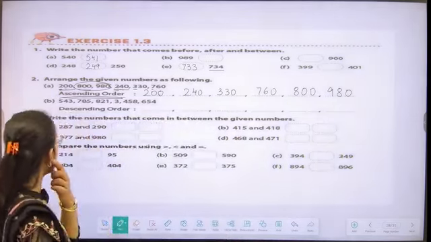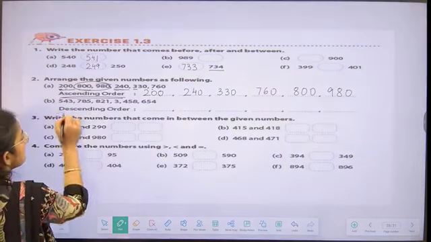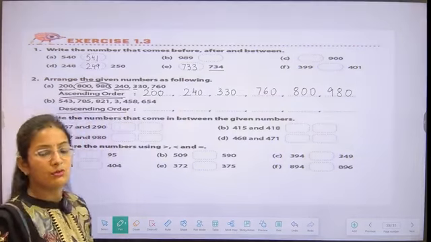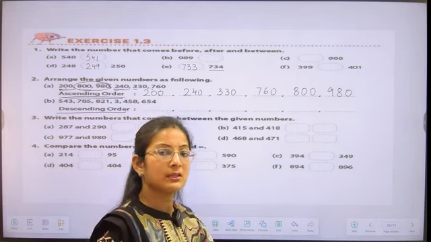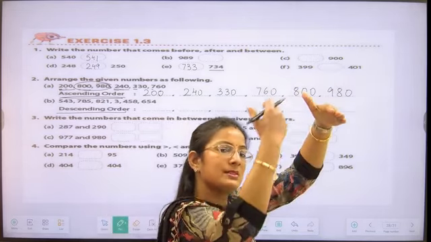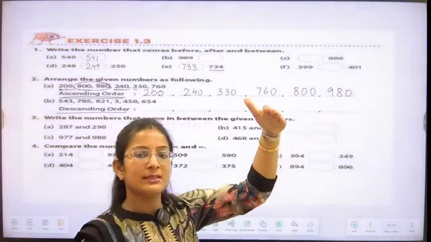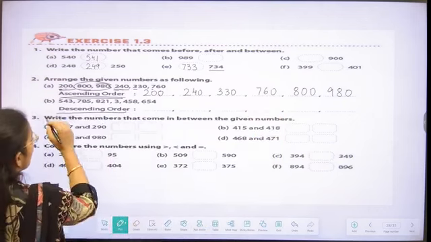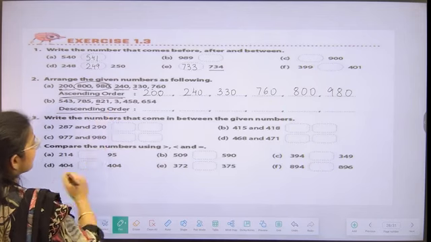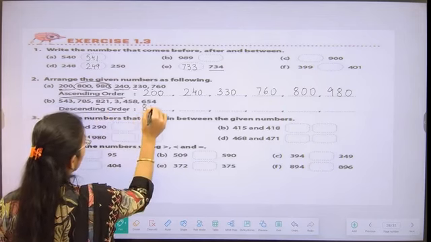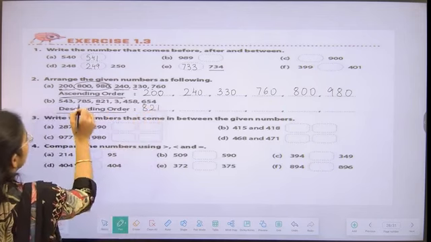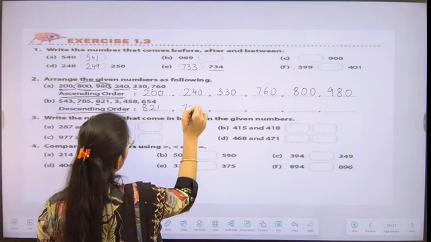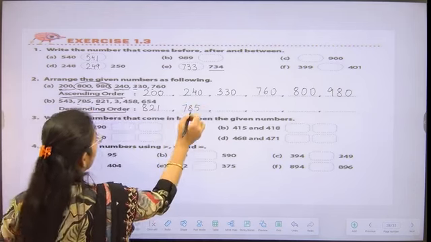Moving to the next, what do we have to do? We have to write the numbers in descending order. So when we write the numbers in descending order, we have to write the bigger number first, then smaller, then the smallest number, students. Start with the first one, student. As we can see, 8 is the bigger one. So we are going to write 821 first, then 7, so we write 785.